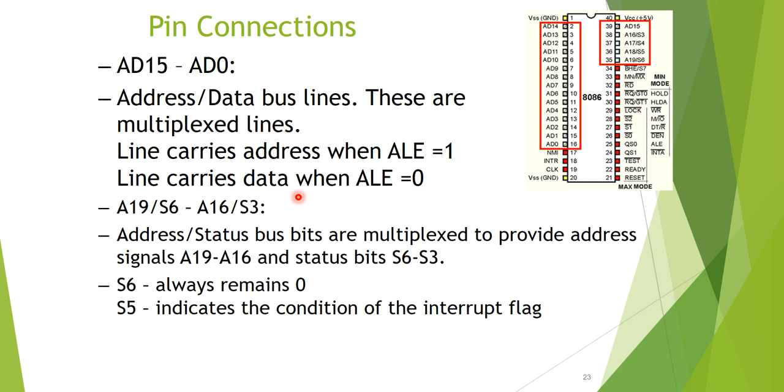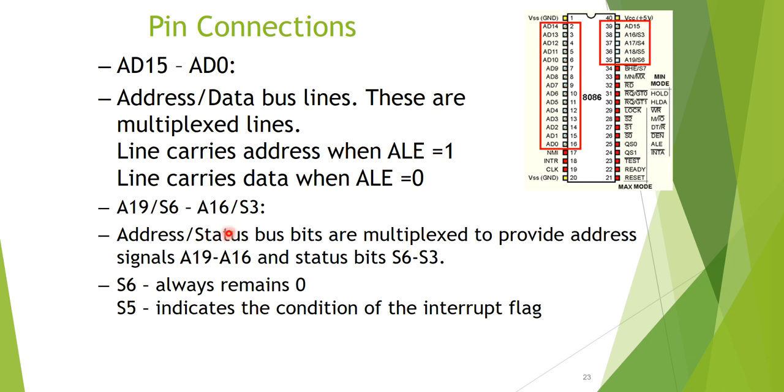So every time when we start the operation, during the initial cycle, this bus is used to carry the address, and for the remaining cycles it is used to carry the data. Again we demultiplex this bus externally by using this ALE signal.